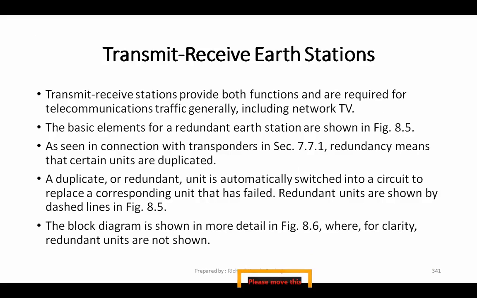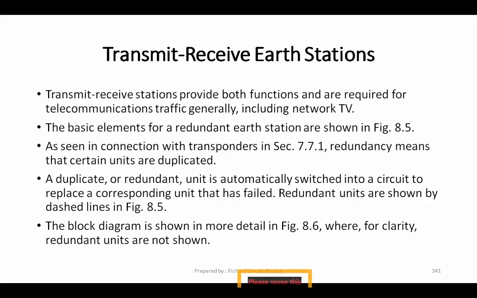Right. So today we will be looking into transmit and receive antenna earth stations. As we were discussing in the previous class, systems need to transmit and receive.